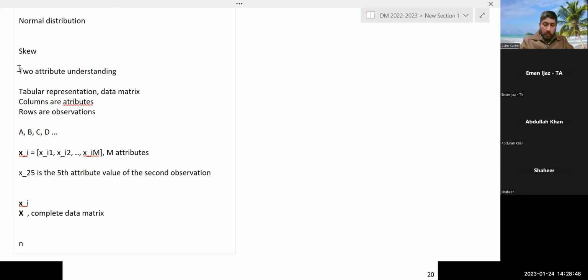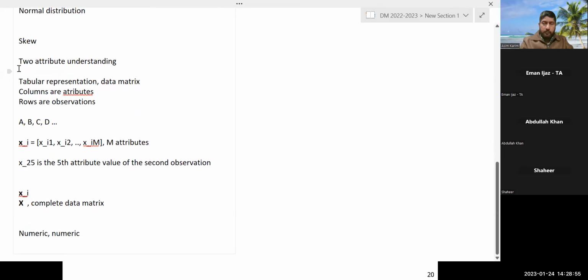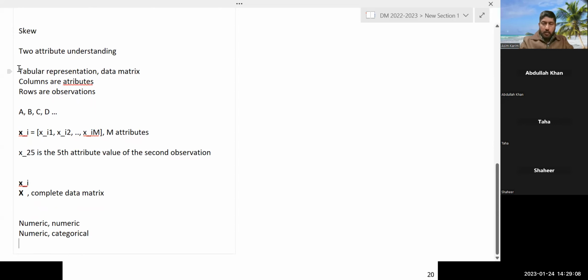So the two could be numeric, numeric, or numeric, categorical.